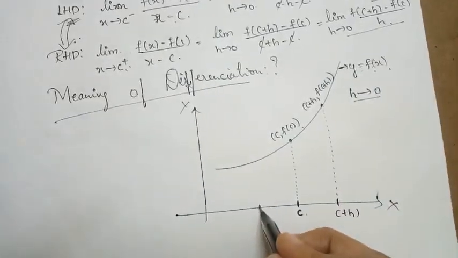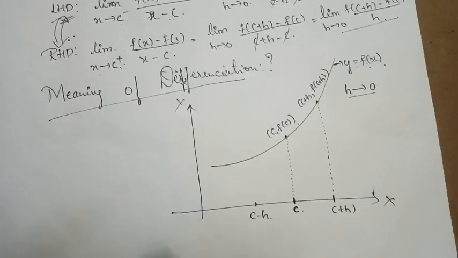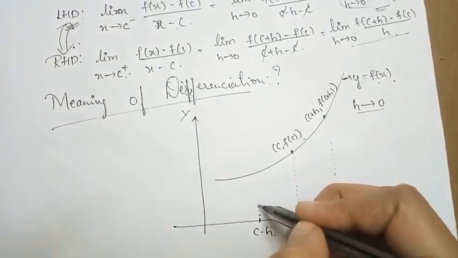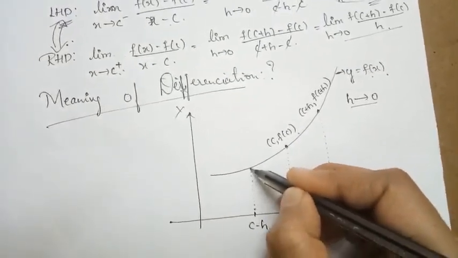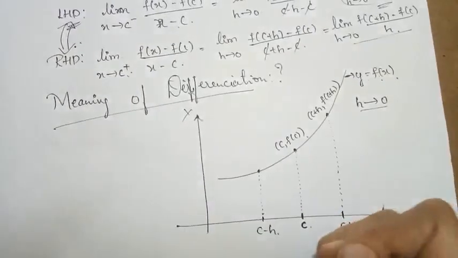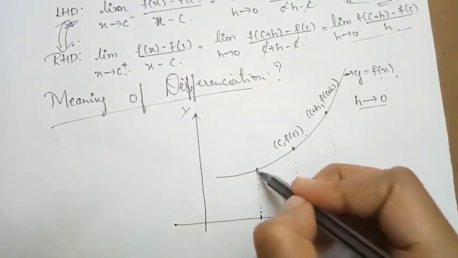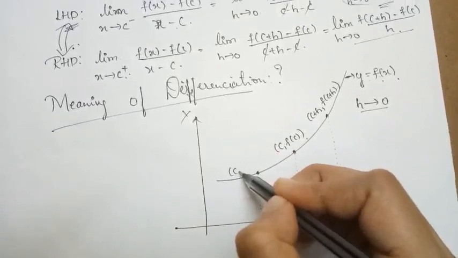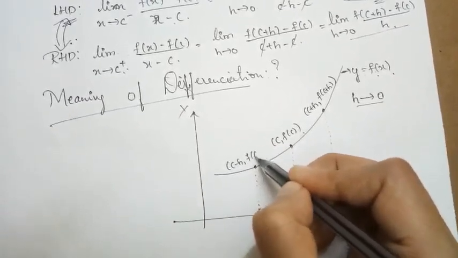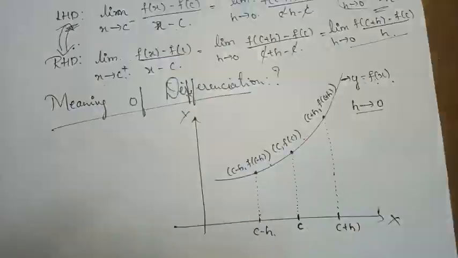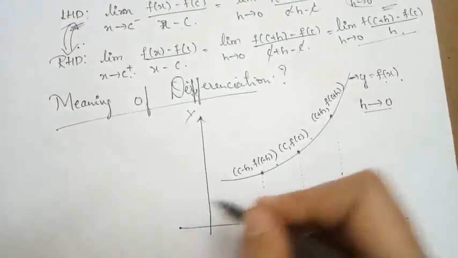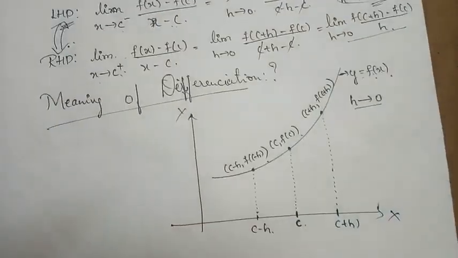Similarly, if I consider another point, say c minus h, then the corresponding point upon the curve has y coordinate f of c minus h. So what is the coordinate of this point? C minus h comma f of c minus h. Now you have the 3 points on the curve y is equal to f of x.